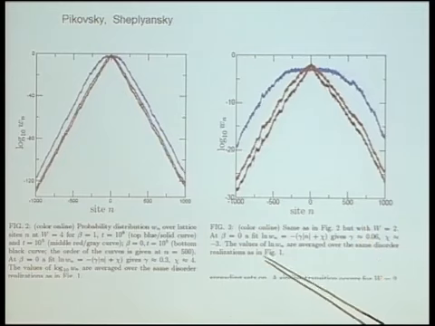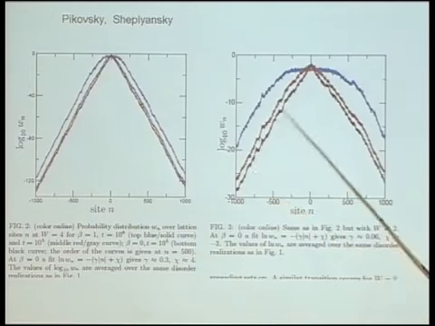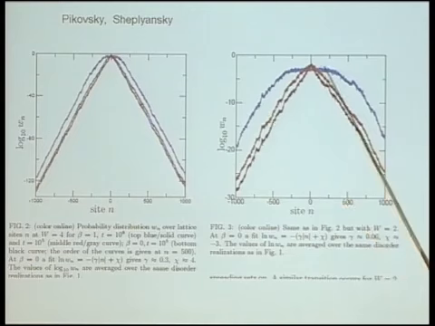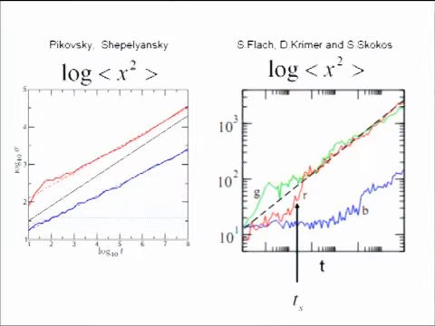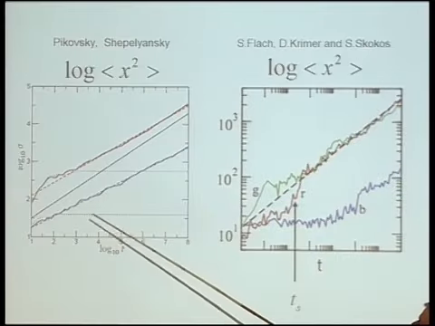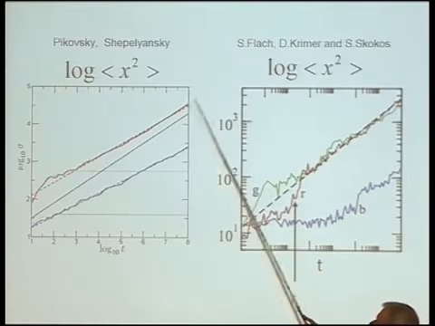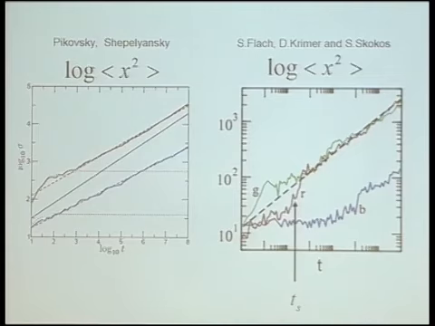And here this is the same, but with weaker randomness, and you see a stronger spreading for the nonlinear case. What is plotted here is the second moment, and you see that it grows, and the exponent with which it grows is approximately a quarter. So it's a very small exponent.